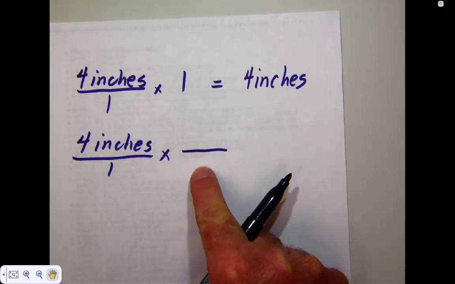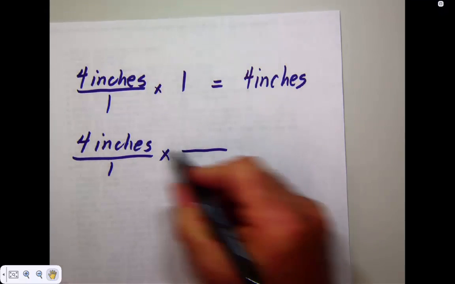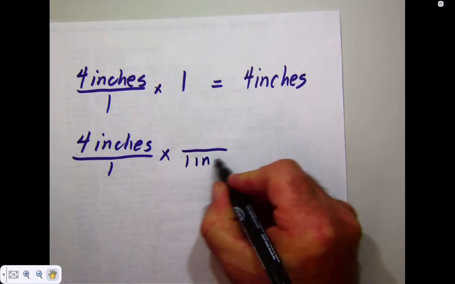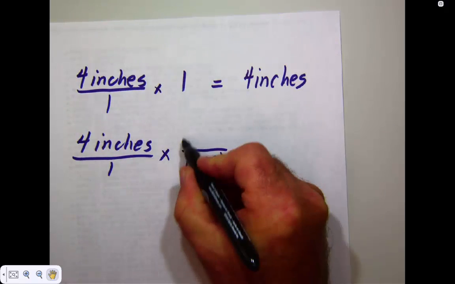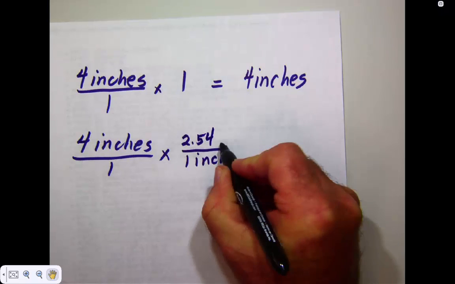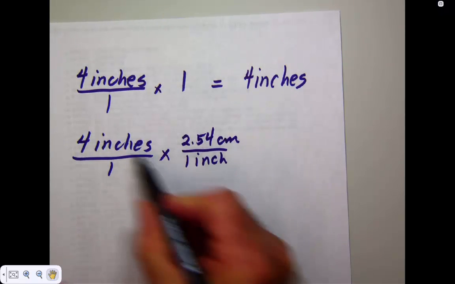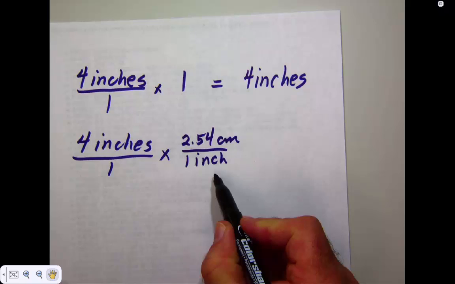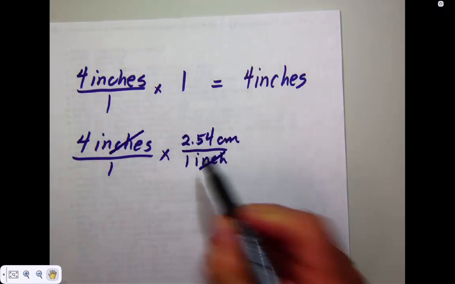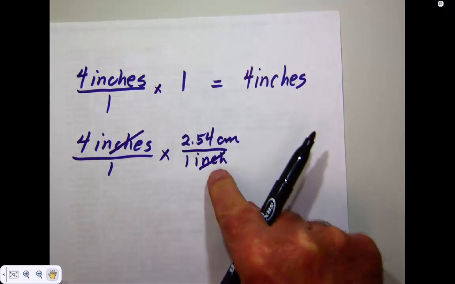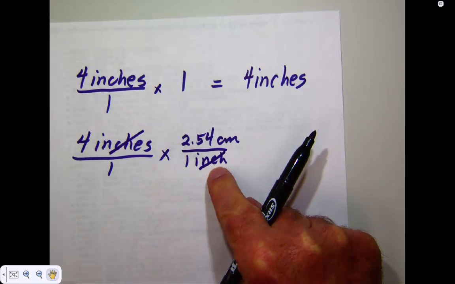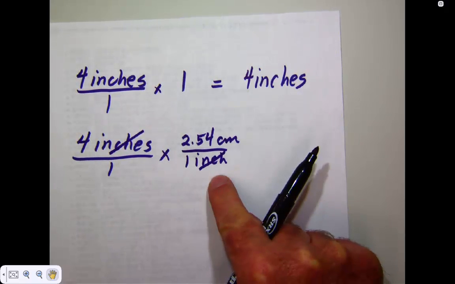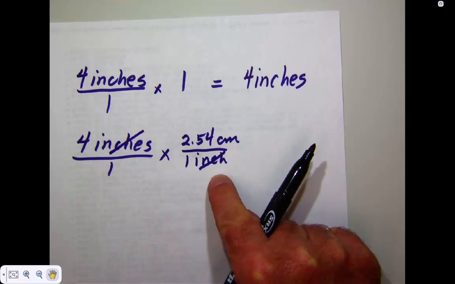So if we look at our conversion factor, 2.54 centimeters equals 1 inch, we will set it up so that we have 1 inch on the bottom and the 2.54 centimeters on the top. The structures are set up so that the inches are going to be on the top here and on the bottom here. We always put our conversion factor in such a way that we cancel out the unit that we don't want.